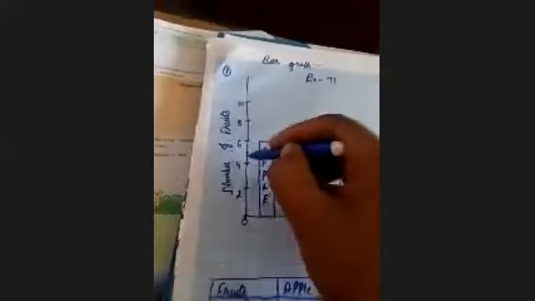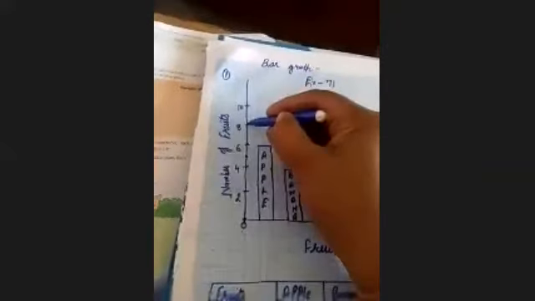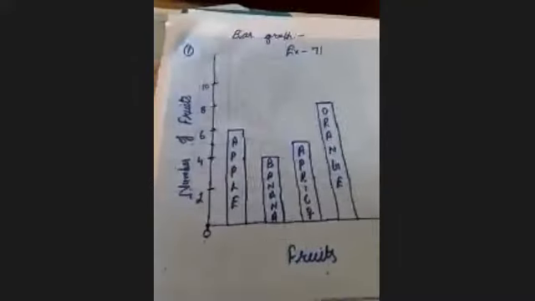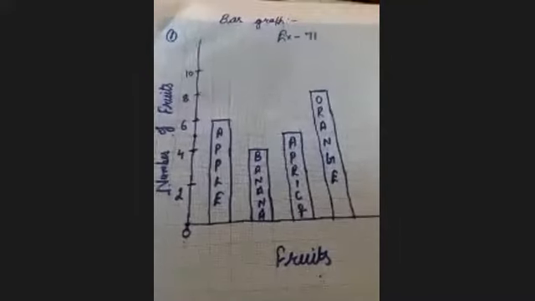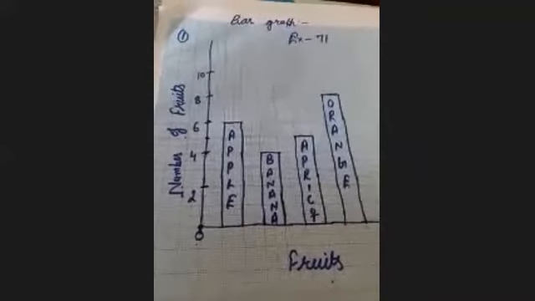Now students, choose a scale. I choose 2 units for 2 fruits: 0, 2, 4, 6, 8 and 10. Now first fruit is apple. There are 6 apples. Then draw a bar.